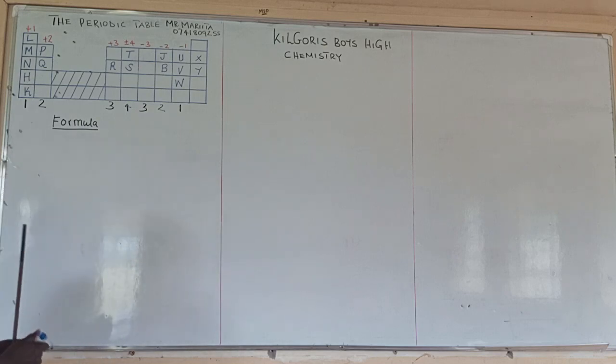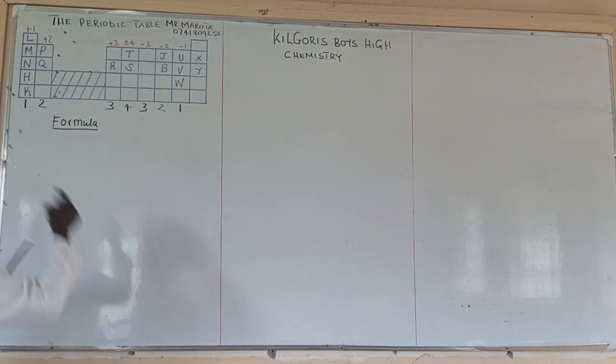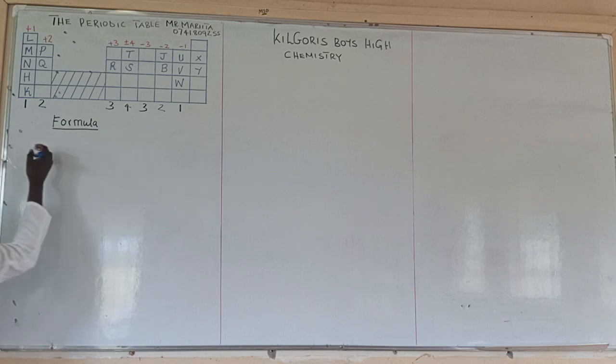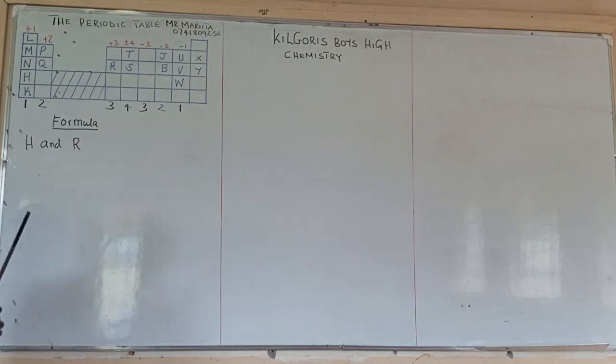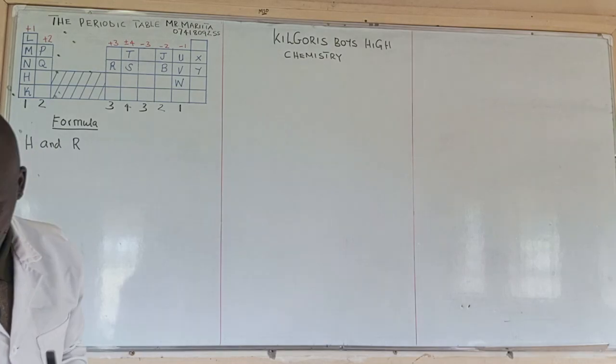Now suppose you have been asked to write the formula of the compound formed between element H and element R. How do you write this formula?